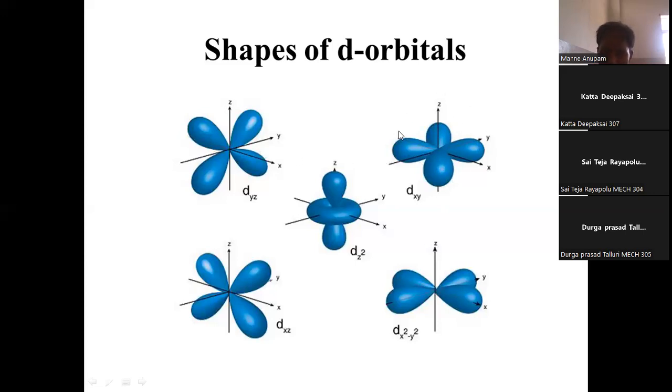You have to see properly. So dx square minus y square is concentrated on the axis, dz square is concentrated on the z-axis, and dxy is concentrated in between the x and y axes. Now dyz is also concentrated in between the y and z axes.